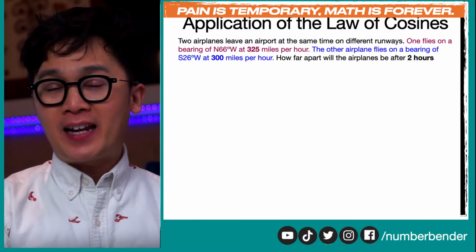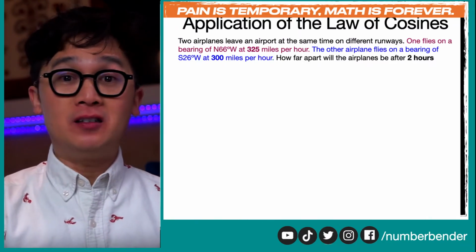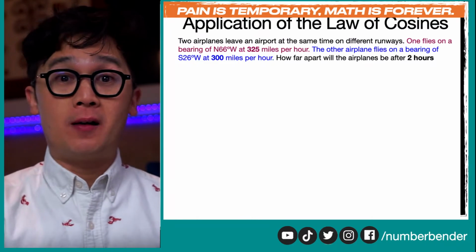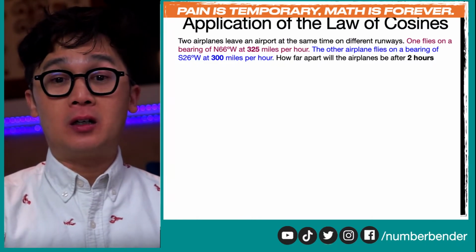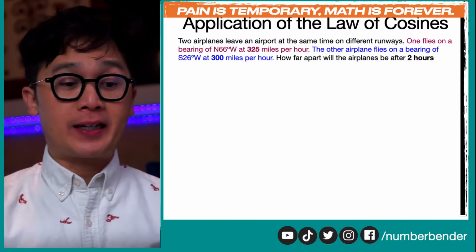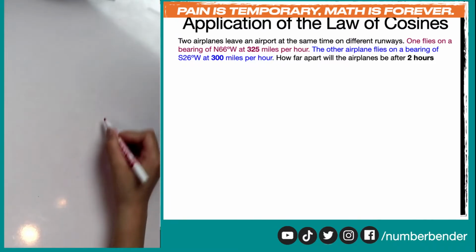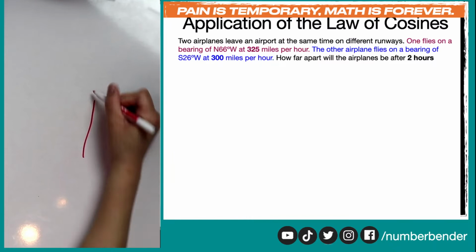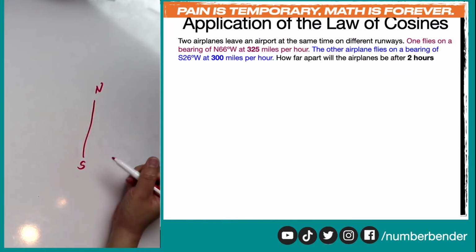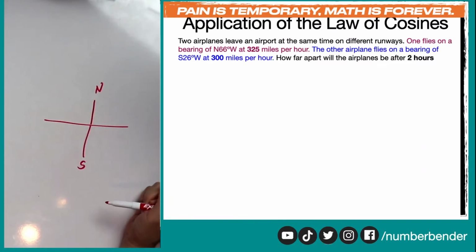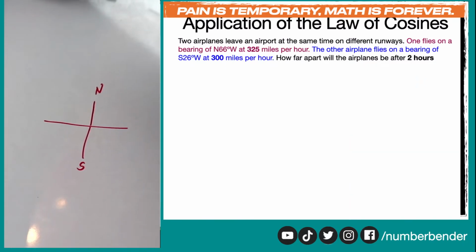So again, it's easier if we have the oblique triangles, but if we're going to visualize our oblique triangles right here, we can use our imagination, and we know that this is the north and the south direction.